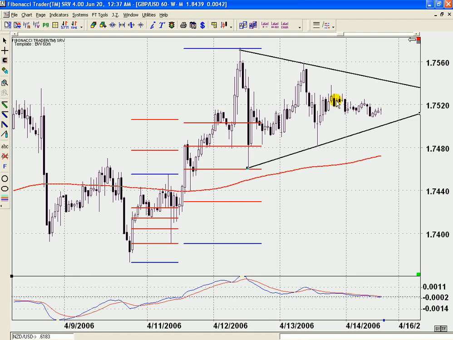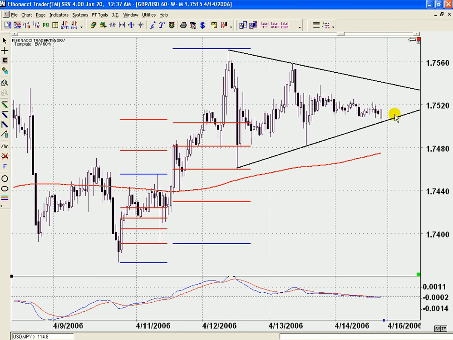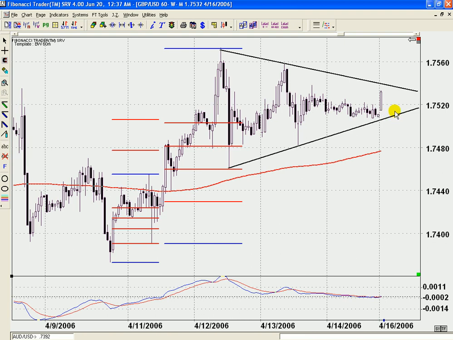We are currently in this pennant formation as price is consolidating, and the consolidation is getting even tighter as the market awaits an economic report.